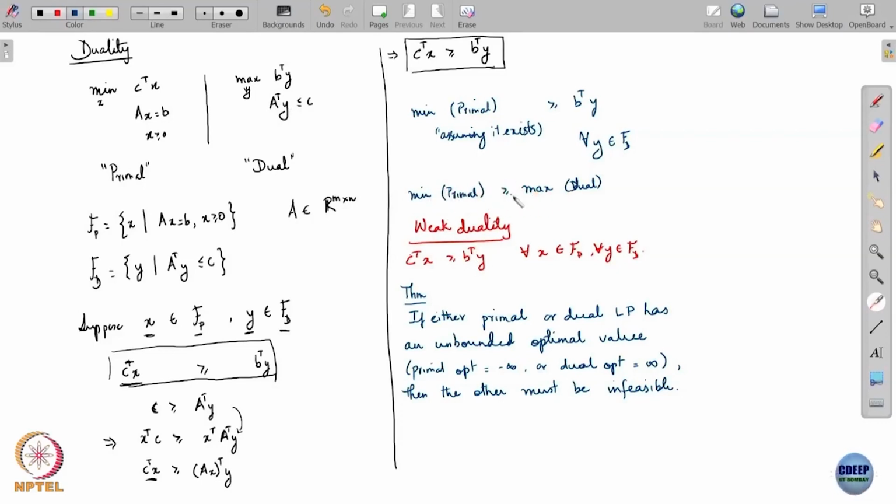It only guarantees you an inequality. But a stronger property is true, which says that if both are finite, then they are equal. That is what is called the property of strong duality.